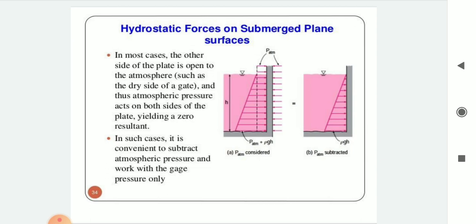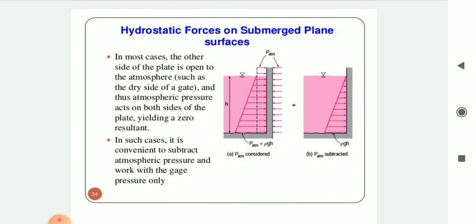In figure A, we consider the P atmosphere on both sides of the plate, and in B, P atmosphere is subtracted, that is rho g h, instead of P atmosphere plus rho g h. Okay. In such cases, it is convenient to subtract atmospheric pressure and work with the gauge pressure only.